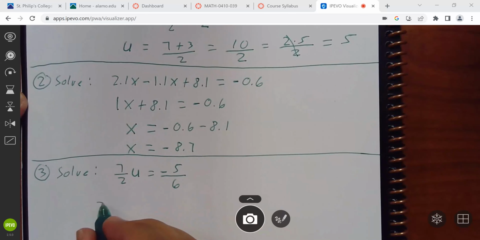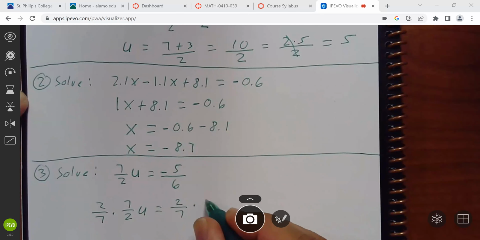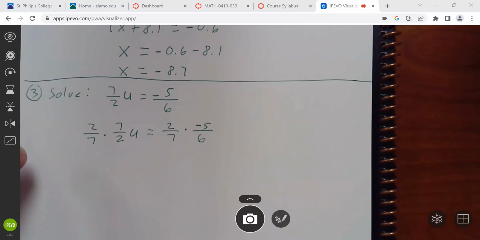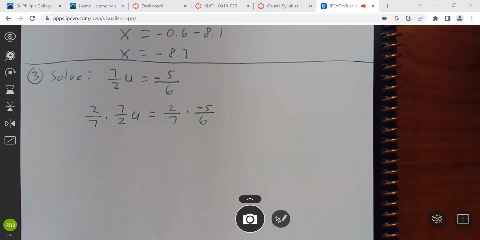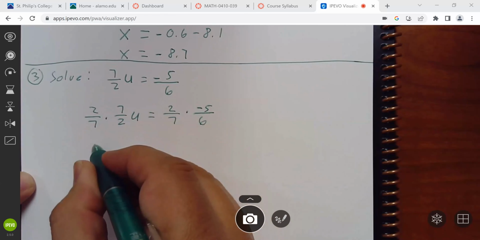I recommend, though, you do this on both sides. So, an extra step.